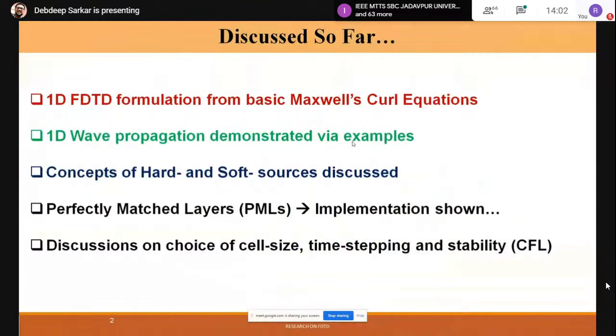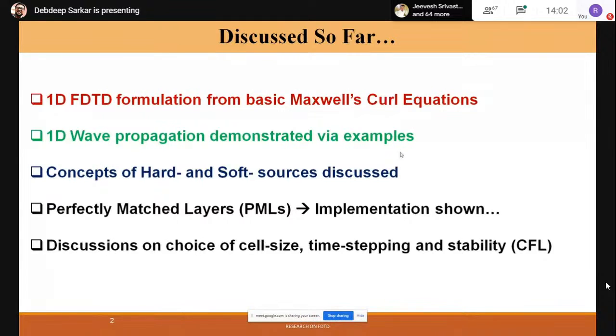Just to show you what we have discussed so far, we started from Maxwell's equations and gave a brief review of Maxwell's equations, boundary conditions, and constitutive parameters, which are needed for solving any electromagnetic problem, to be honest.